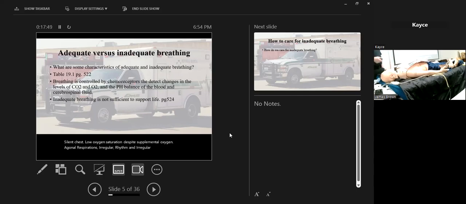So once you start seeing those changes, then you need to start worrying about your patient and how you're going to be starting to treat that patient.